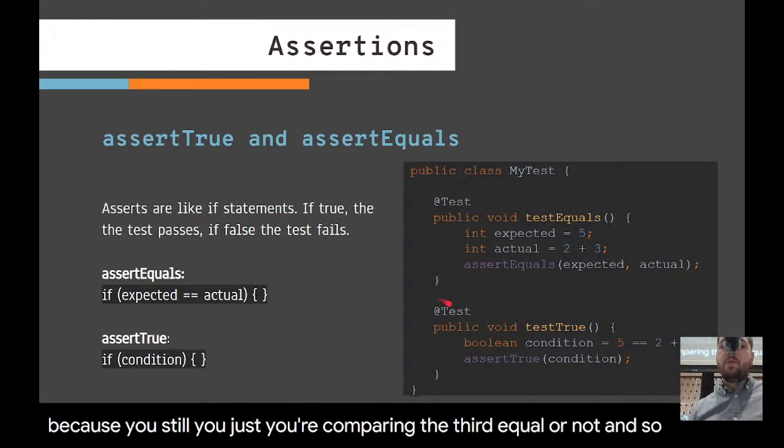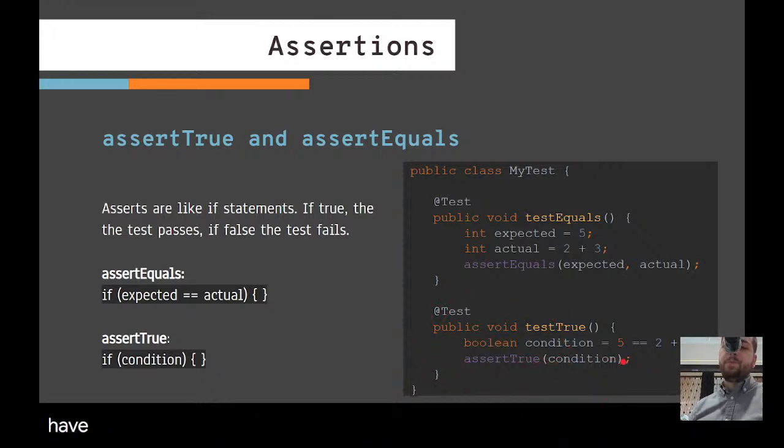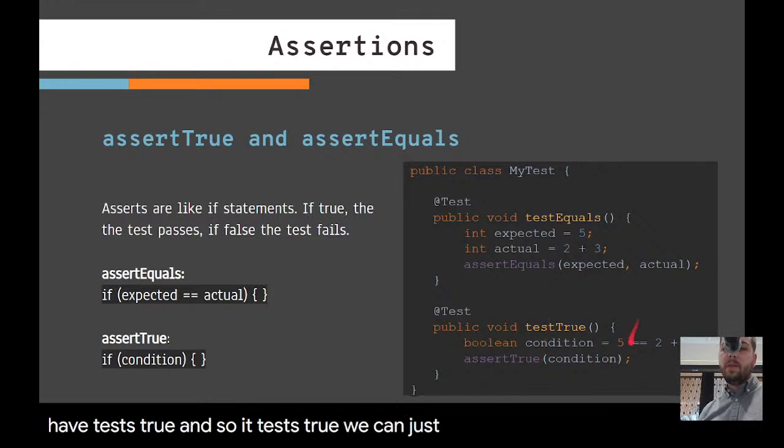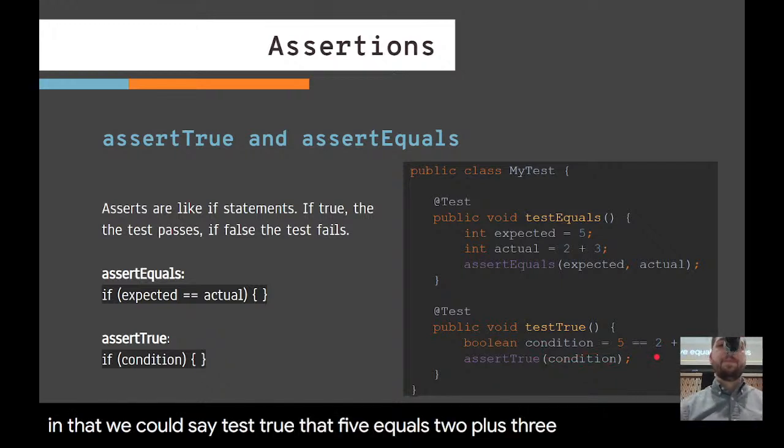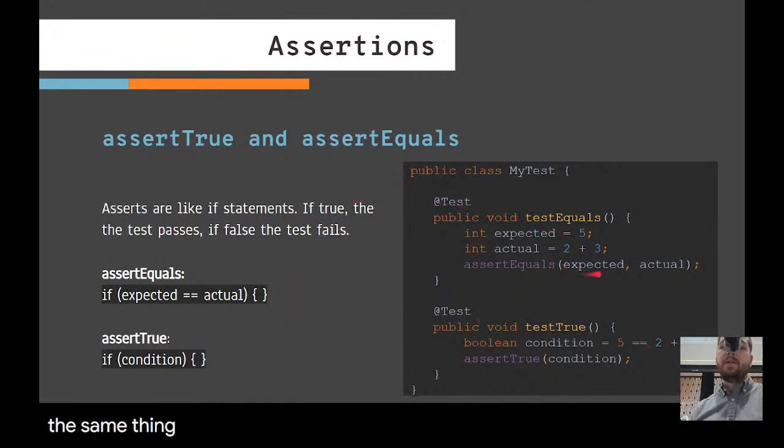And here we have assert true. We could just put the entire equation in there. We could say assert true that 5 equals 2 plus 3. So these tests are testing the same thing. But this one, assert true, is testing a condition.